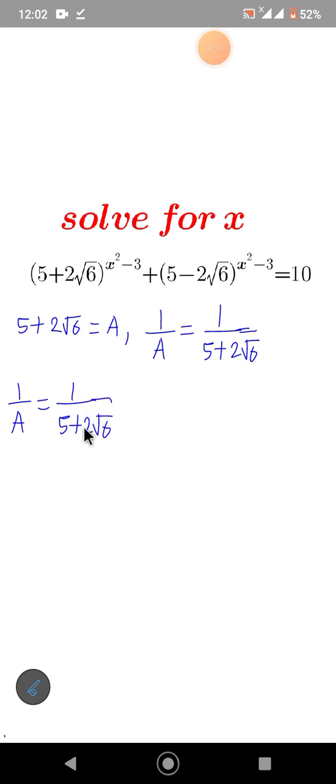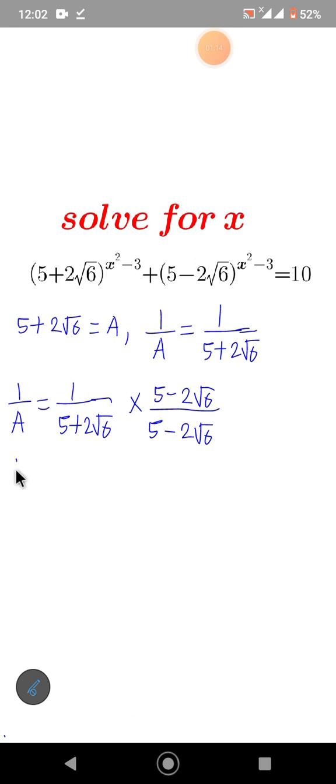Now I'm going to multiply this expression by its conjugate. So its conjugate is 5 minus 2 root 6 all over 5 minus 2 root 6.